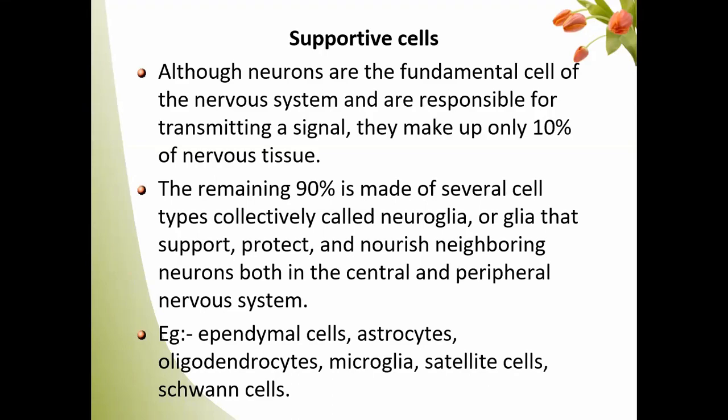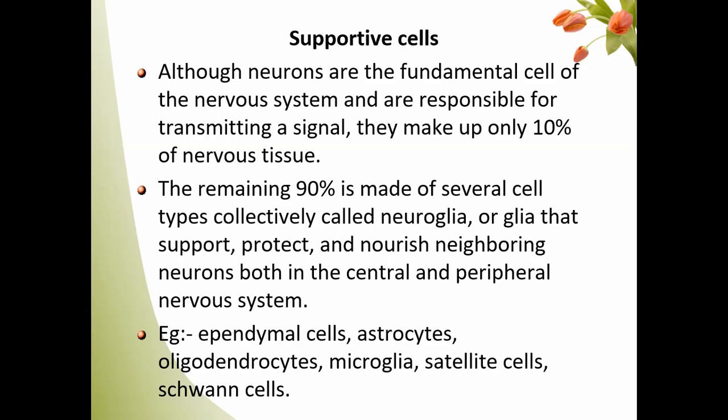The remaining 90% of the nervous tissue is made of supporting cells, collectively called neuroglia or glia. Their main functions are supporting, protecting and nourishing the neighboring neurons, in both the central and peripheral nervous system.